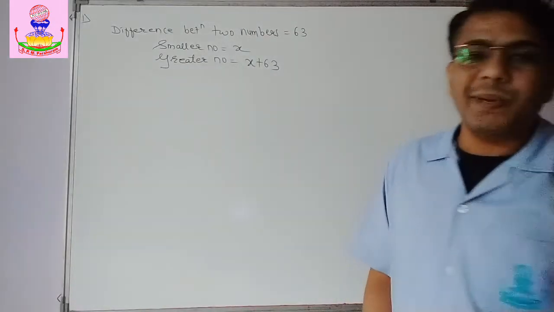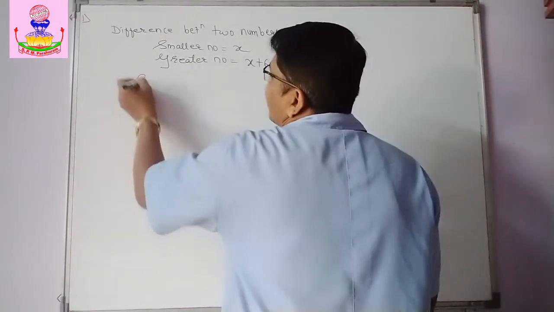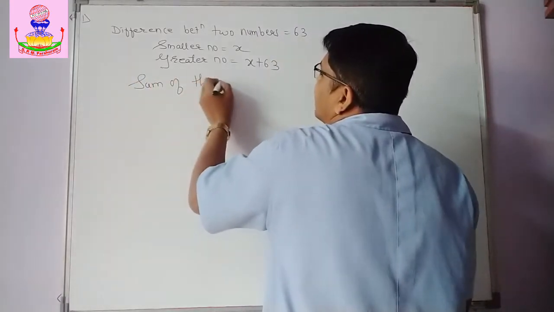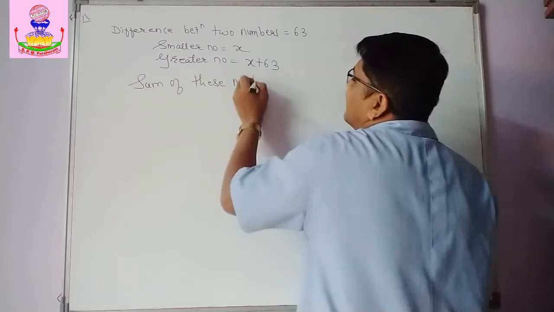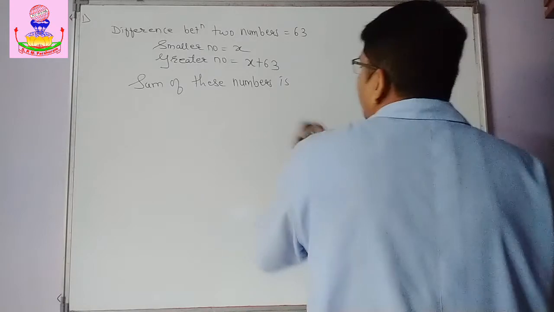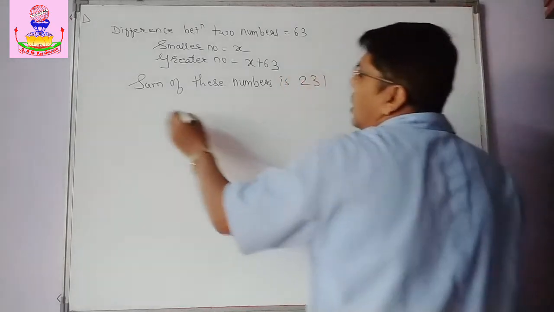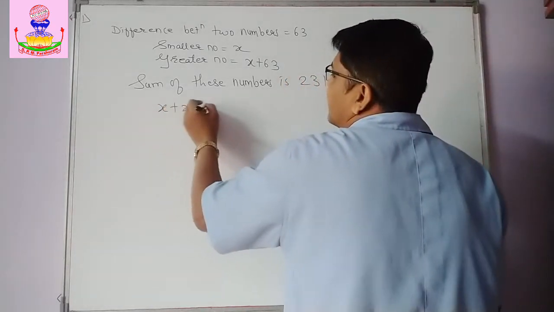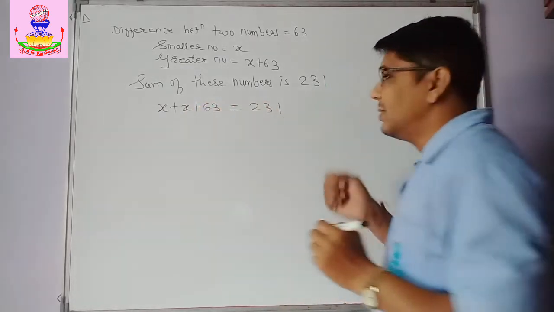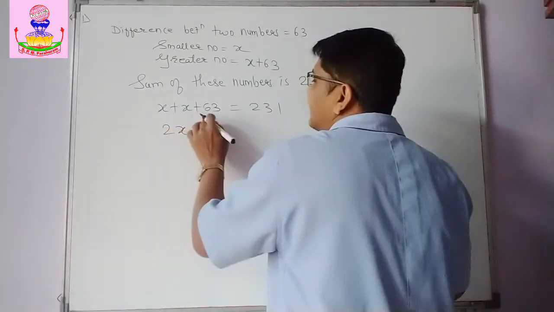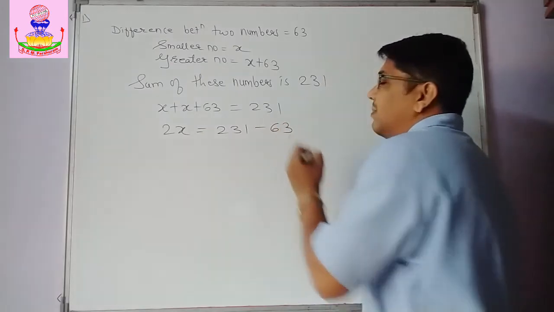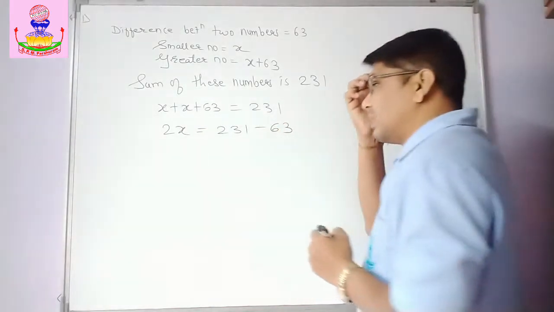Now the sum of these two numbers is given to be 231. So the sum of these numbers is 231, which means x plus x plus 63 is equal to 231. x plus x, 2x. Bring this 63 to this side. When it comes to this side, it will become, obviously, minus.